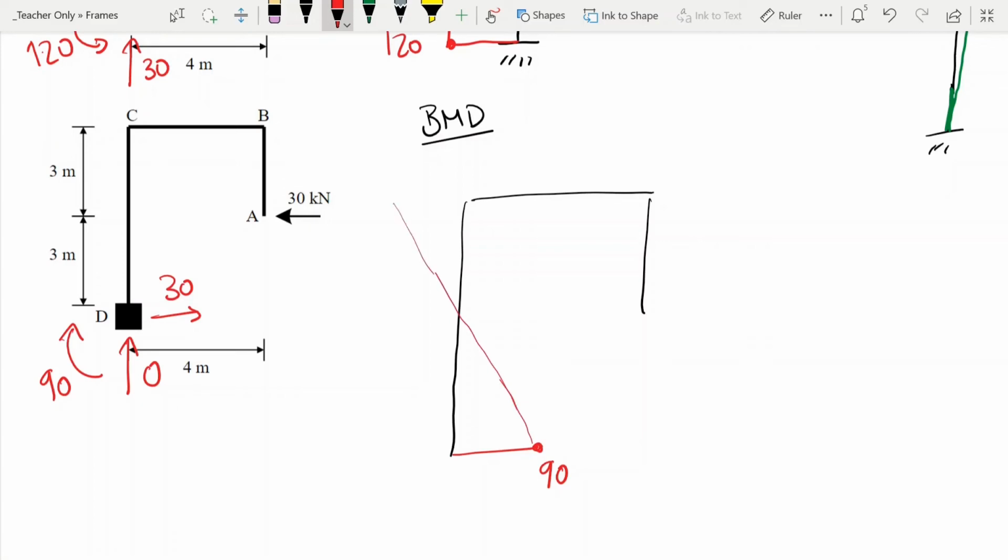But okay, let's think about it from the other angle now. We know that at A, my moment is 0, and then I have a load of 30 that is pushing point A to the left, so that means this should bend more or less in that direction. So I would say the moment at B should be equal to 90, like that. And again, tension on the right side.